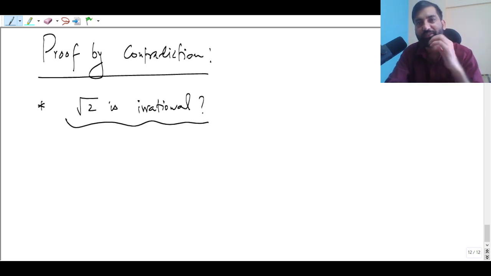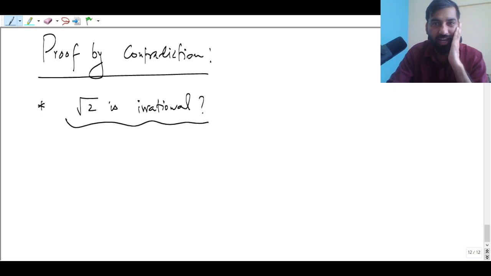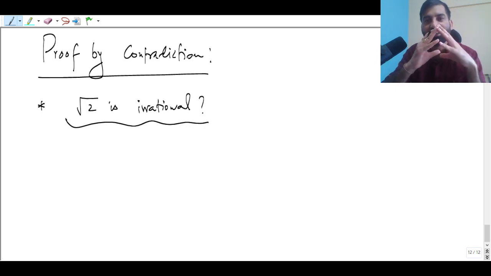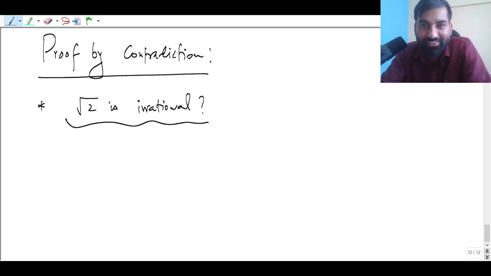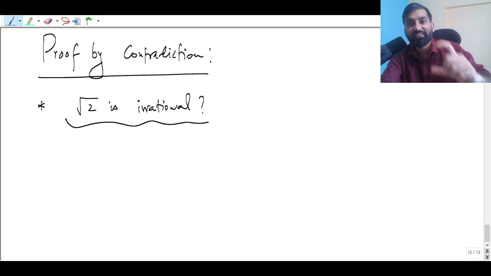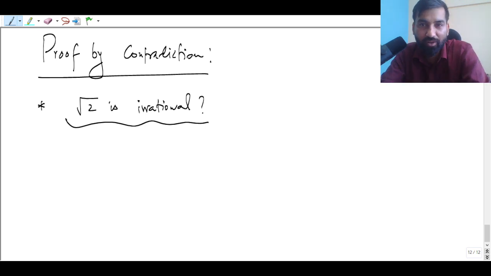I'm going to assume that root 2 is a rational number, and we know that if any number is a rational number, it can be written as a ratio of two integers, and those two integers must not have any common factor; I mean, they must be written in standard form. This is a class 8 definition, you can say.